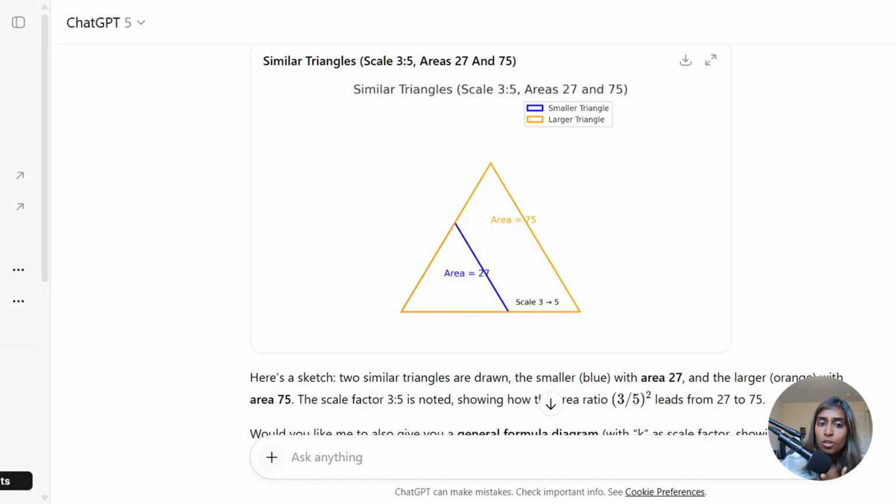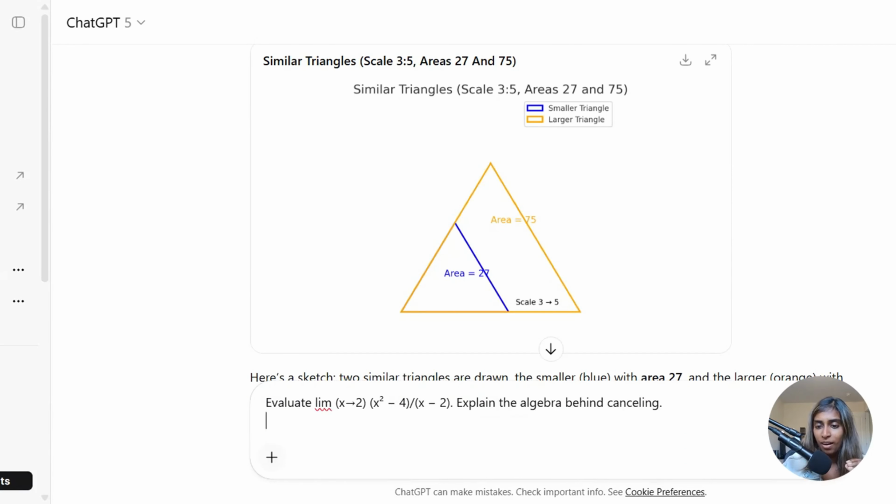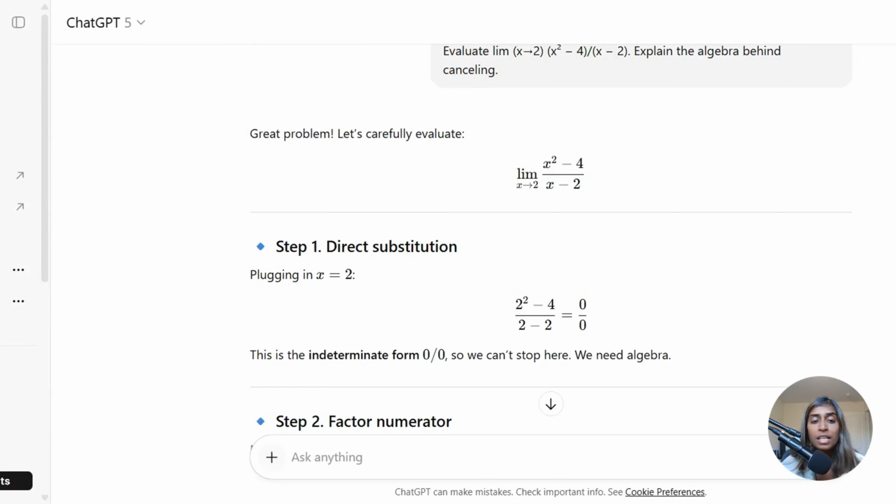Now let's move on to calculus. So we will say, evaluate this, explain the algebra behind canceling. And the advice here is to never just take the answer. You can notice I said explain the algebra behind. So explain or ask, why does that trick work? Limits, derivatives, integrals, every rule has a story.